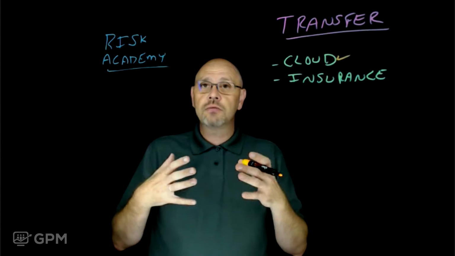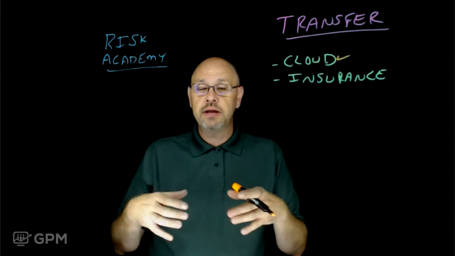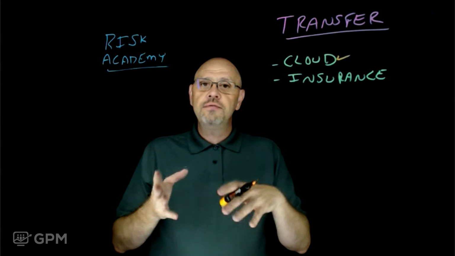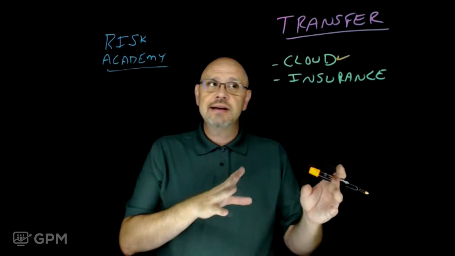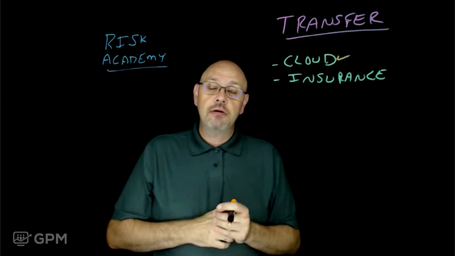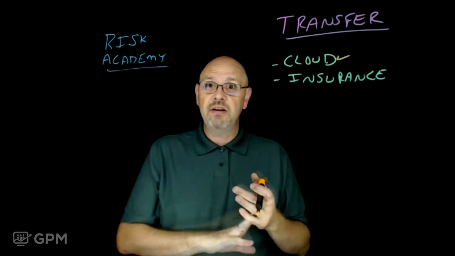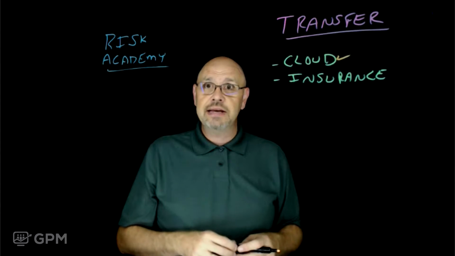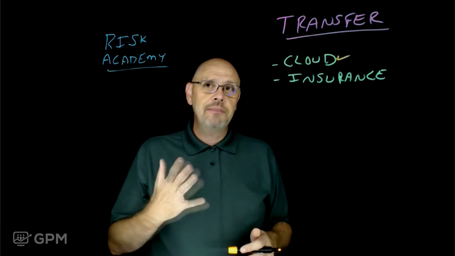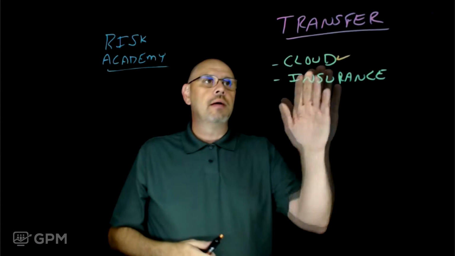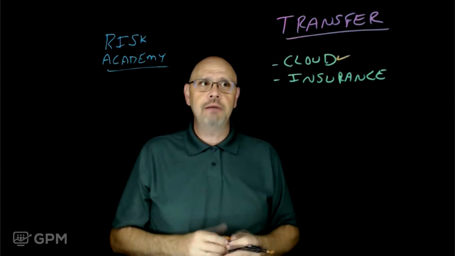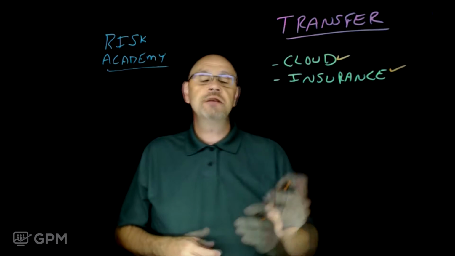Instead of you having the risk of having the server and having to have the people to take care of the server and everything else, you've transferred all of that risk to that cloud provider and assume they're going to take care of it. Think about it. What would happen if your email server was broken down for 2 weeks? Pretty bad risk there for you. In the cloud, you assume it's always going to be available. That's one of the reasons you use the cloud.